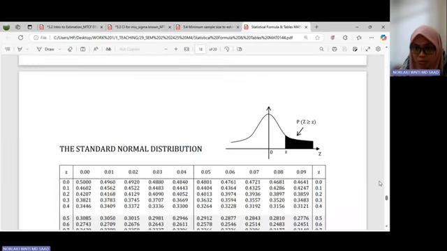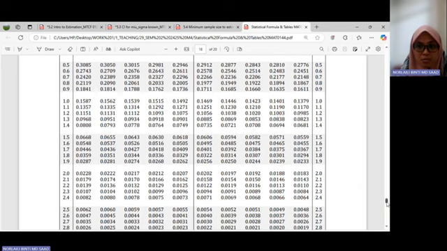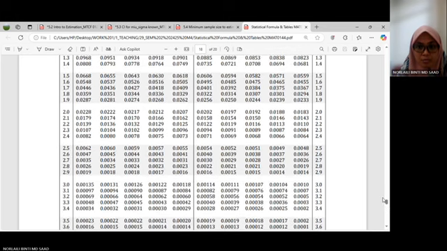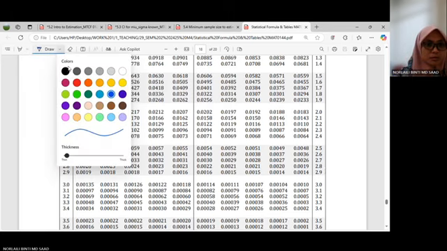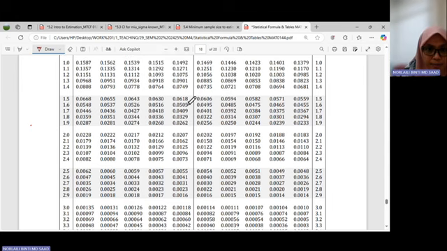This is your normal table. We look at 0.0505 and 0.0495.